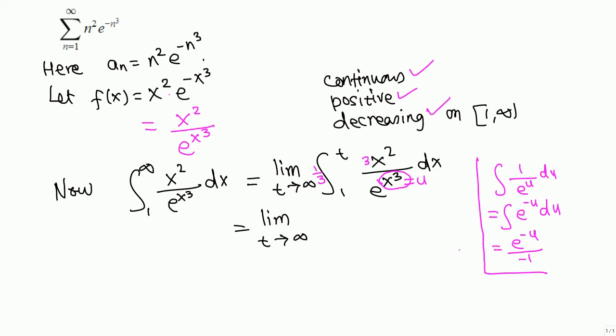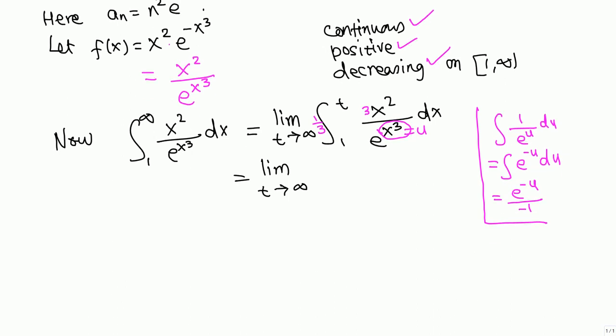It's kind of a double u-substitution. The 1/3 we can pull all the way outside, and the antiderivative of 3x squared over e to the x cubed, because the derivative of x cubed is 3x squared dx, that's the du part. So 1 to t, 1 over e to the u, 3x squared dx is du, where u is x cubed.